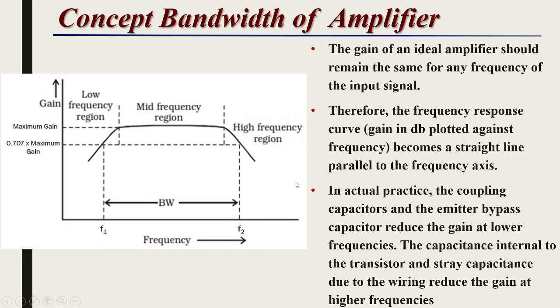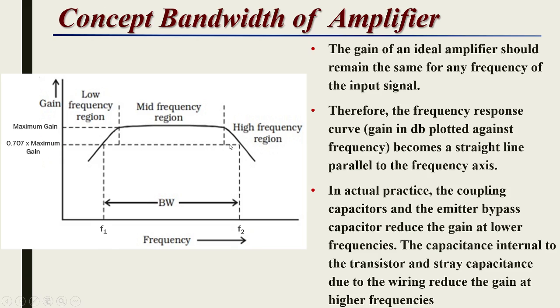So we have to find the particular region of frequency at which the gain is approximately constant, and that can be found using the maximum gain multiplied by the value 0.707.